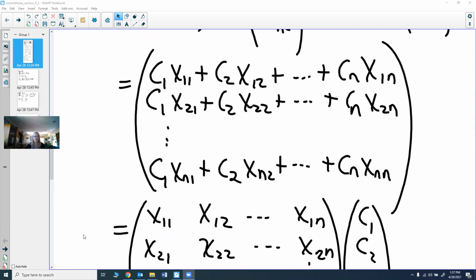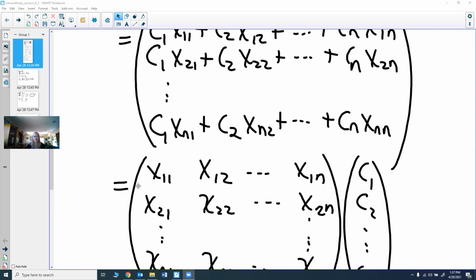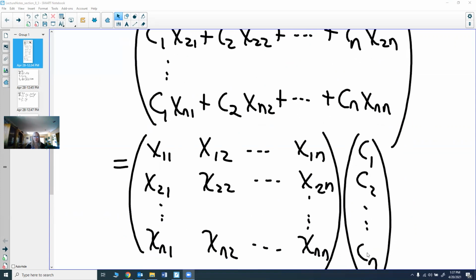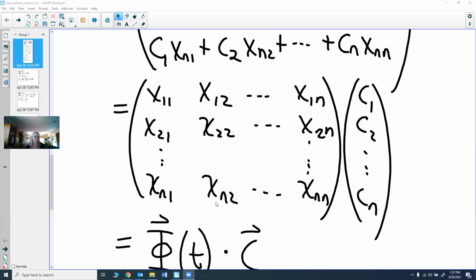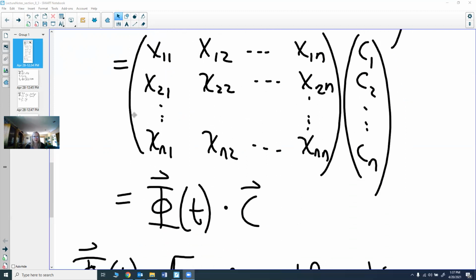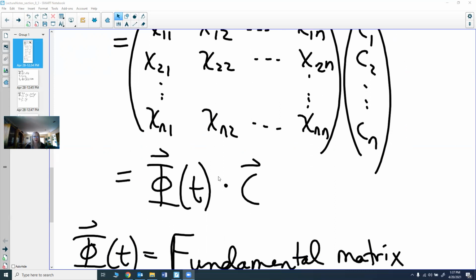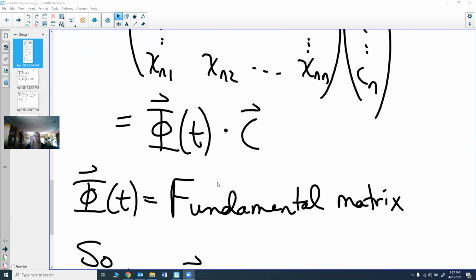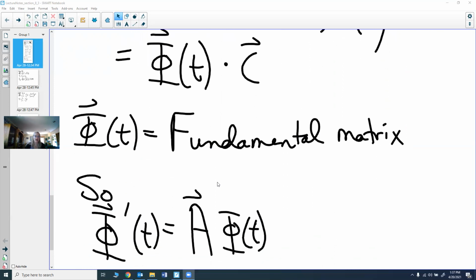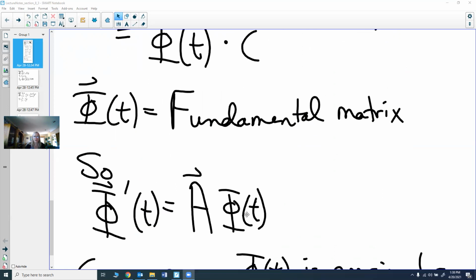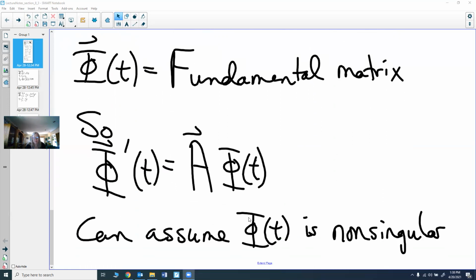So you can pull those constants out and think of it as a square matrix times this column matrix. We're going to call this matrix phi times your constant matrix. Phi is known as your fundamental matrix. And phi prime equals A times phi is a solution to the differential equation, so they work out nicely.